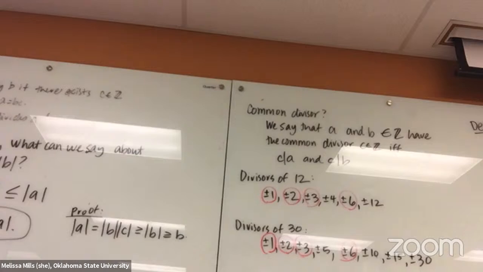And D is the largest integer that divides both A and B. So here's a question. Does D have to be positive?